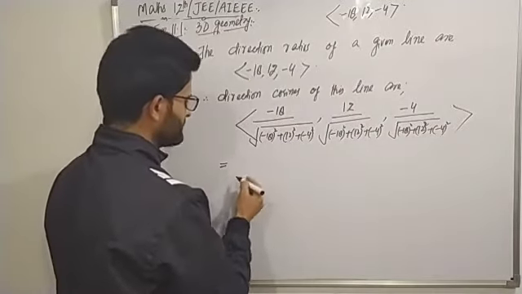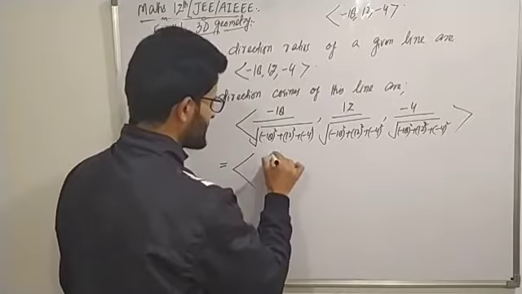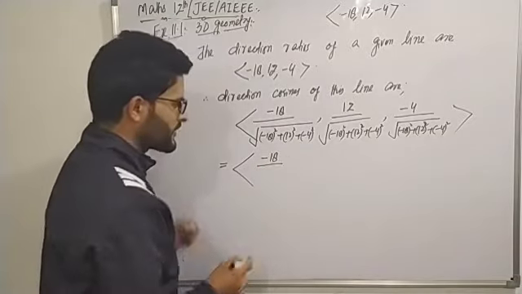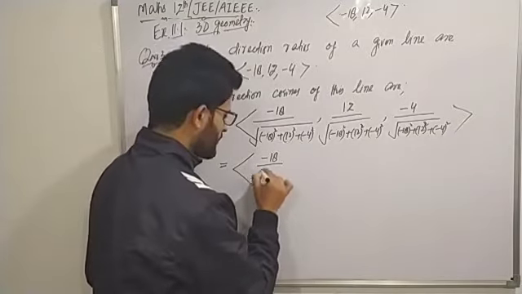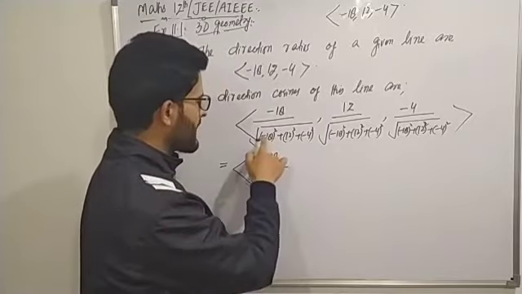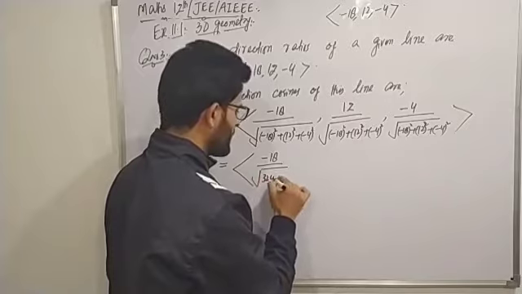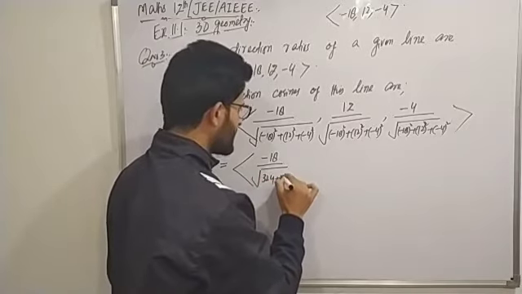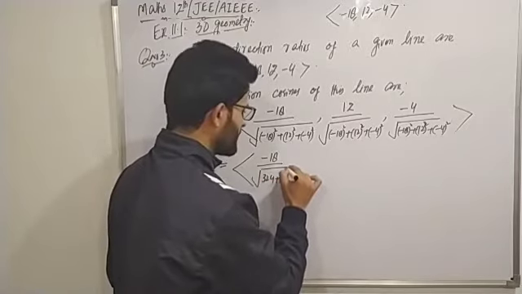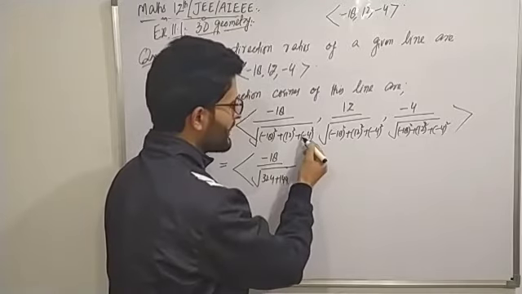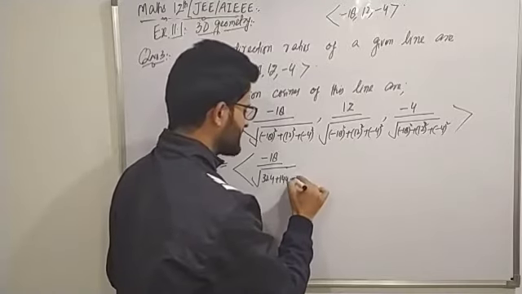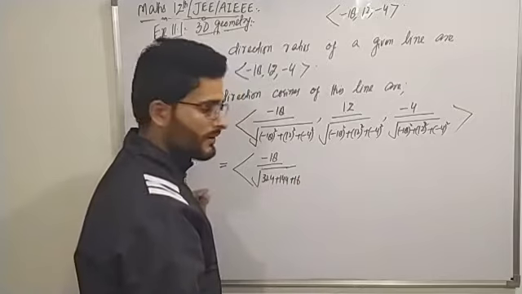Now that is equal to the ordered three-tuple of minus 18 divided by the square root of: minus 18 square, minus square is plus, 18 square is 324, plus 12 square is 144, plus minus 4 square, that is plus 16. Clear?